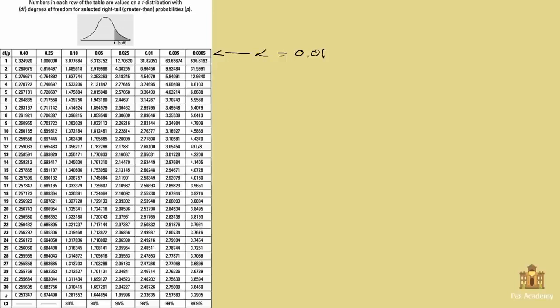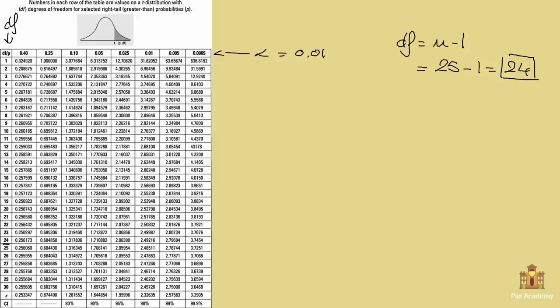And then we have the degrees of freedom here. Now, in order to calculate the degrees of freedom, the formula is n minus 1. So in our case, the sample size is 25. So we do 25 minus 1, which is equal to 24. So these are our degrees of freedom. So we go down on the degrees of freedom, down to 24, which is about here.